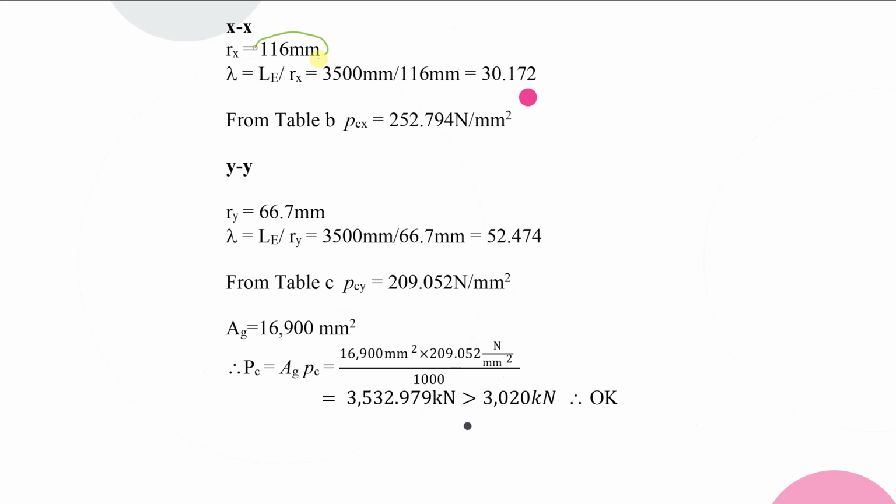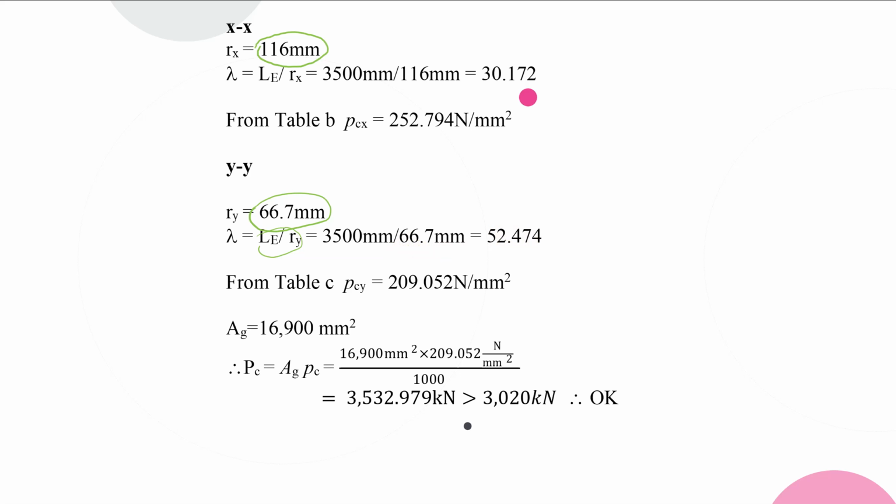Okay, 116 mm, because that one is in centimeters, and this one, 6.67 centimeters, becomes 66.7 millimeters for yy. And we can simply calculate the slenderness ratio by dividing the effective length by the radius of gyration. For the xx direction, 116, you get 30.172. And for the Y direction, 3500 divided by 66.7 gives 52.4674.